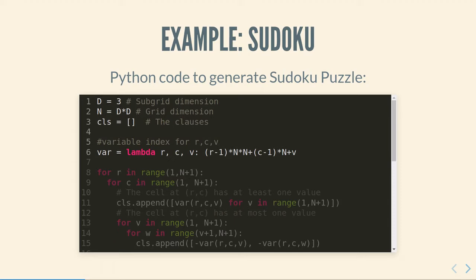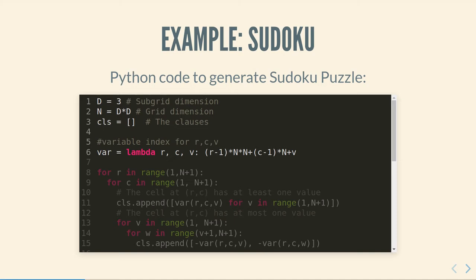Let me walk you through it. For instance, we have d equals 3, the size of the subgrid, that is the smaller grid. And then we have the actual total grid dimension, which is d times d, which is 9 by 9. Sudoku puzzles are 9 by 9 boxes made up of 3 by 3 subgrids. Then CLS is the array that holds the clauses that we are about to populate.